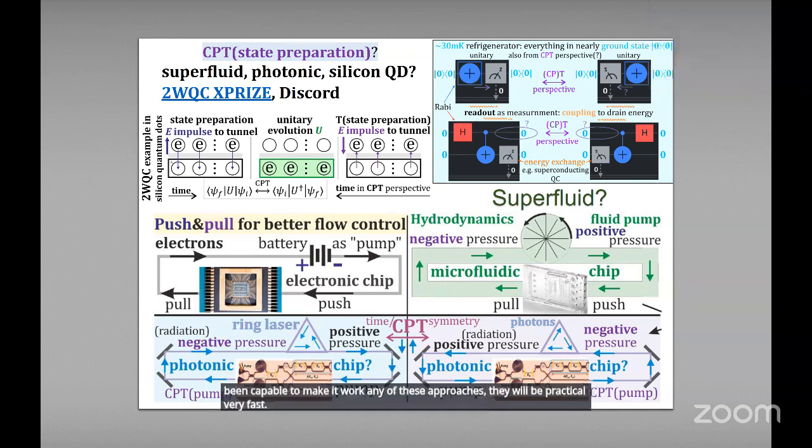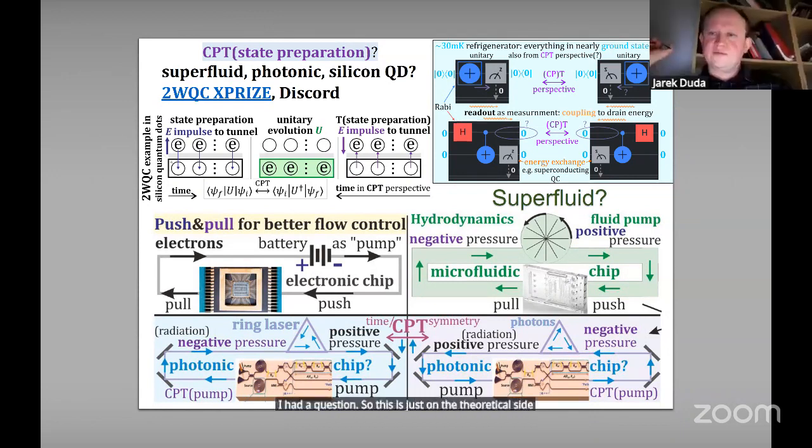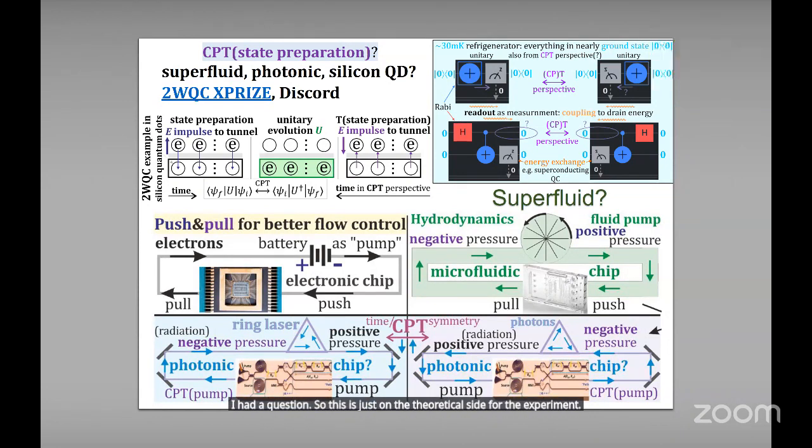Thank you so much. I had a question. This is just on the theoretical side for the experiment. Whatever setup you have for excitation, it would make sense to me to have the exact same setup on the target, but in the opposite direction for the push-pull. If you try to do a switch on the same system, there are too many delays, there are errors, there are all sorts of things.